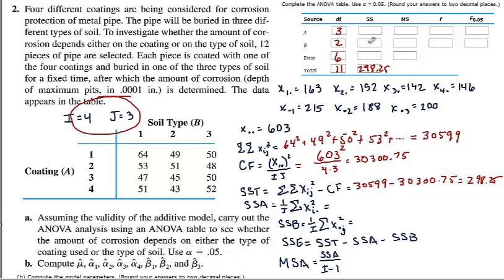Almost to the SSA. This one is the one that we're calculating next, right here. So this tells me to do 1 over J, so that's going to be 1 over 3, times the sum of each of my row data points squared. So it's 163 squared plus 152 squared plus 142 squared plus 146 squared.